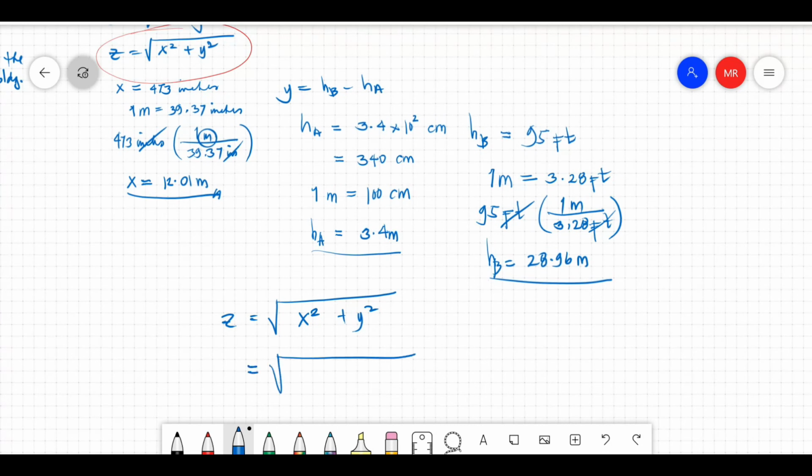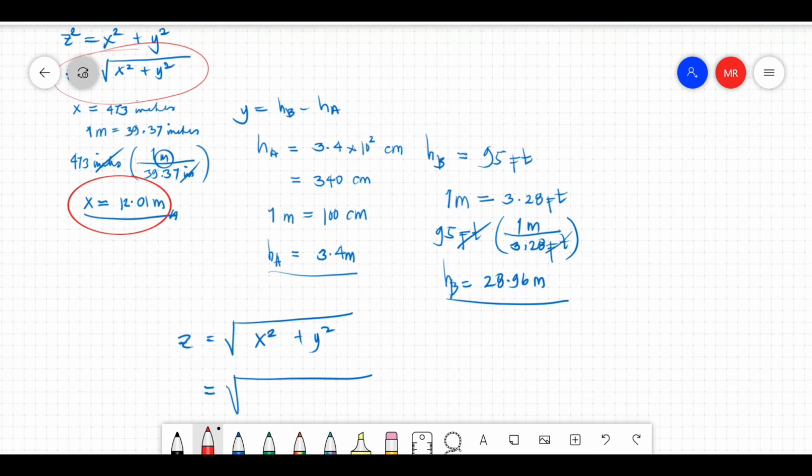So let us now compute for Z. Z is the square root of X squared plus Y squared. Oh wait, we now have X, but we don't have Y yet.